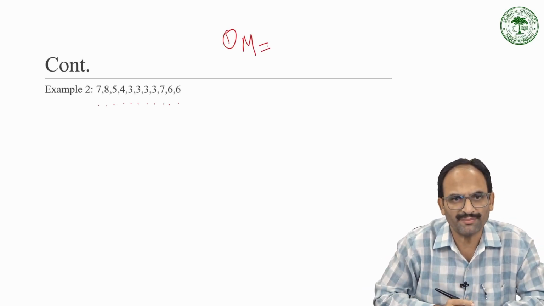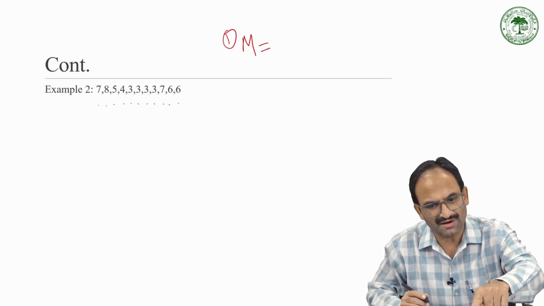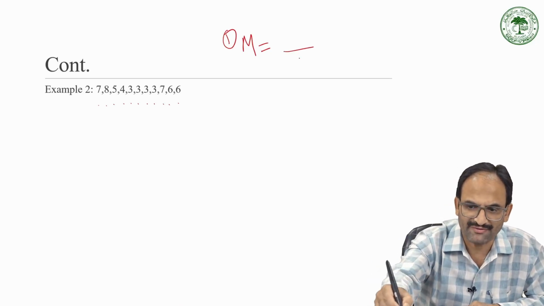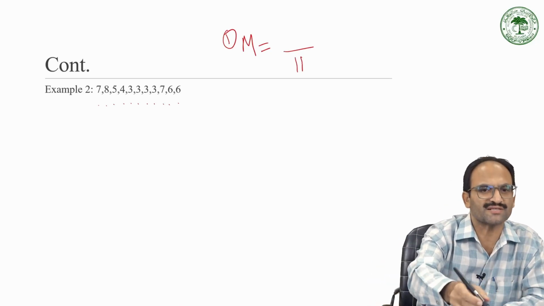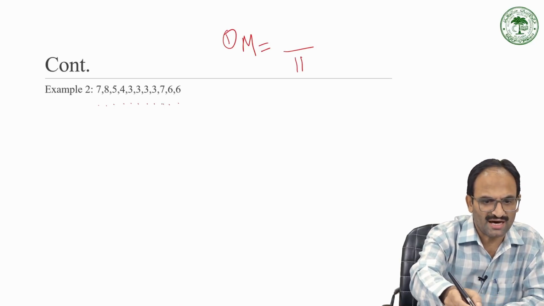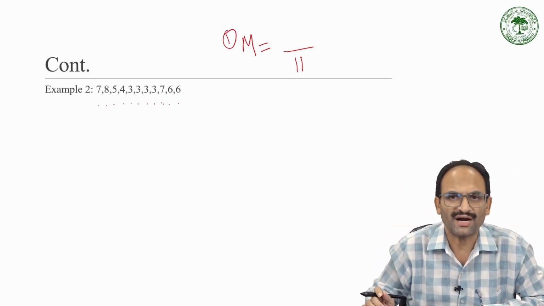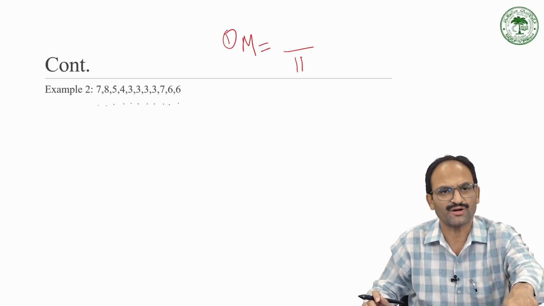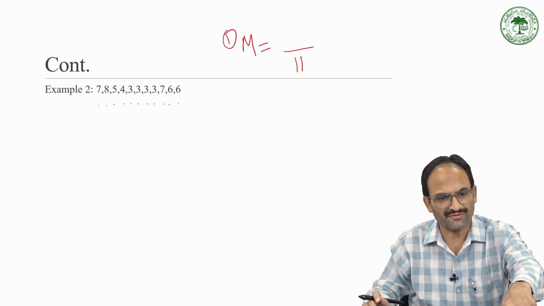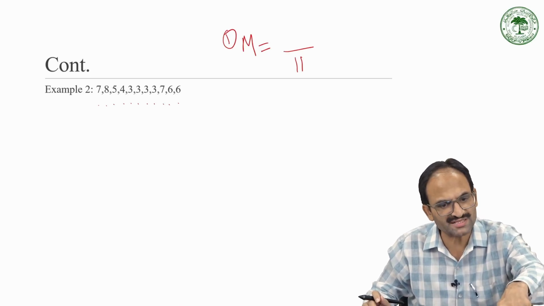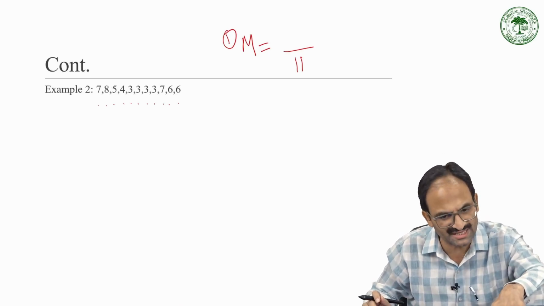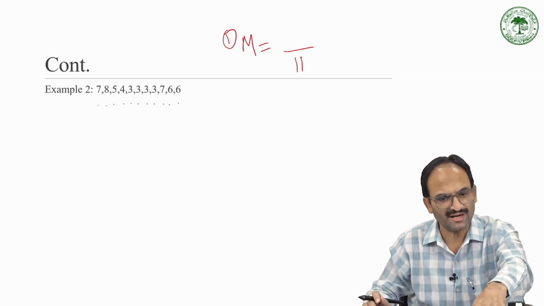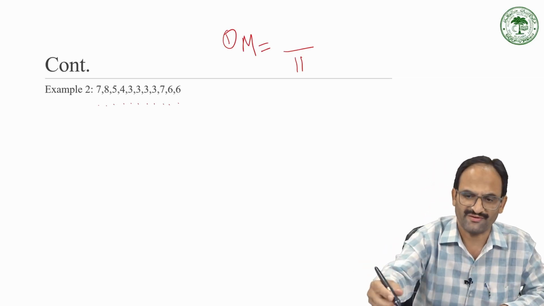So how will you calculate mean? You will find the sum of all the numbers and divide it by 11. Why? Because in this data set 11 numbers are there. So find the sum. So 7 plus 8 is 15, plus 5 is 20, plus 4 is 24, plus 3 is 27, plus 3 is 30, plus 3 is 33, plus 3 is 36, plus 7 is 43, 43 plus 6 is 49, and 49 and 6 is 55.